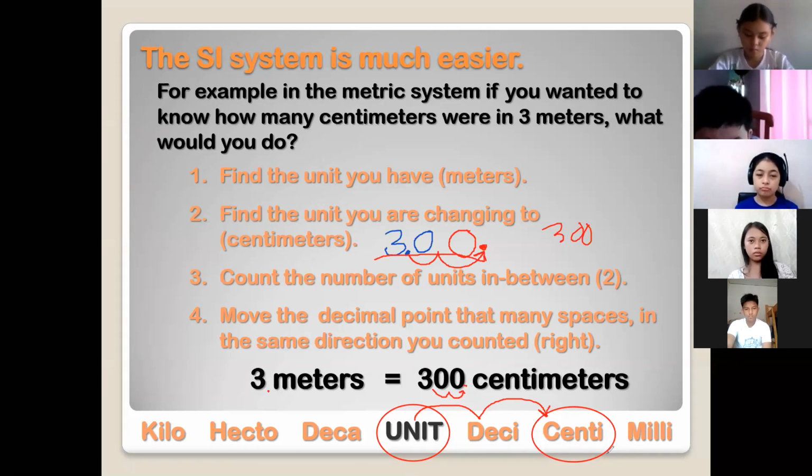You get it? Maybe in your upcoming summative test in this lesson, I'll allow you to write the prefixes in your solution sheet, for you to be guided in your conversions in the upcoming exam, class.